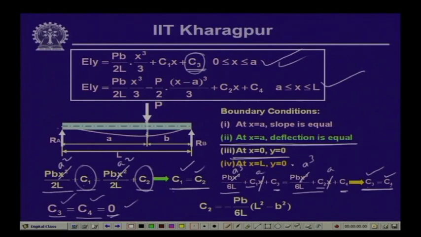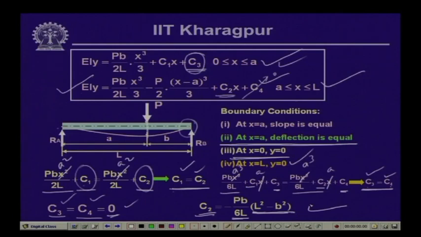Now, if we employ the last boundary condition, which is at x equals to L, y is equal to 0. Again, the validity of this boundary condition will be with respect to this particular expression, because this expression of y is valid between a to L. So, if we substitute the value of x as L in the second expression, and since we have already seen that C 3 and C 4 equal 0, we are left with C 2 only, and we get the value of C 2 as equal to minus P b by 6 L times L square minus b square.